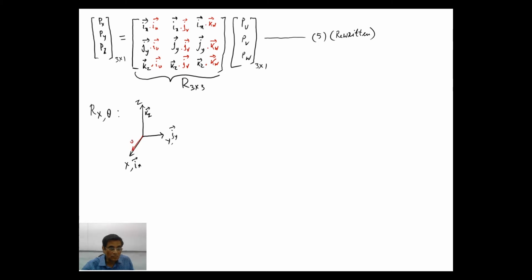This is your u, and iu is the unit vector along u, and this is your v, and unit vector along this axis was jv.